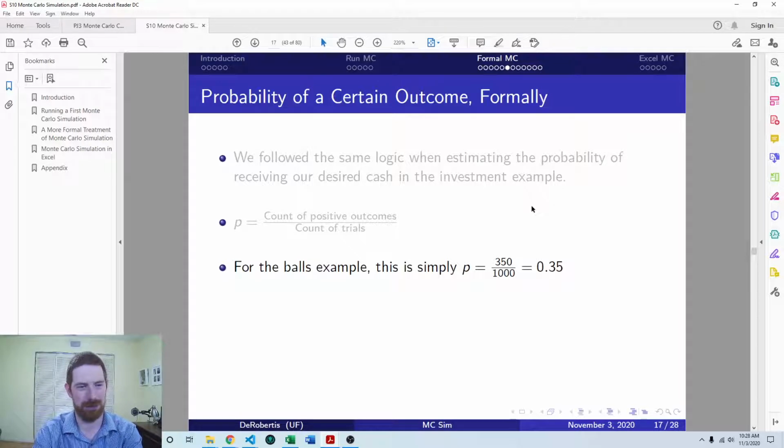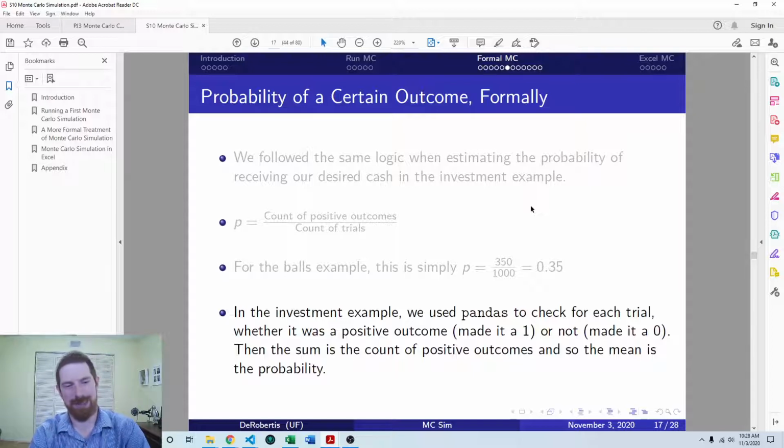So in the ball situation, whenever we draw a blue ball, that's meeting our objective. Whenever we draw a red ball, that's not meeting that objective, and so it doesn't enter into the numerator. So we get 350 times where the trial was successful, and that's the numerator. And we had 1,000 times that we pulled balls in total, and that's the denominator. And so we get that 35% estimate of the probability of getting a blue ball.